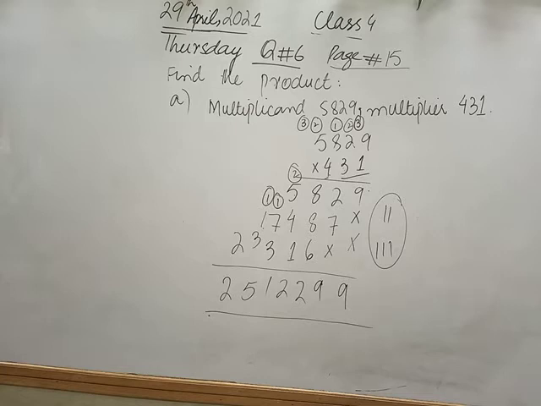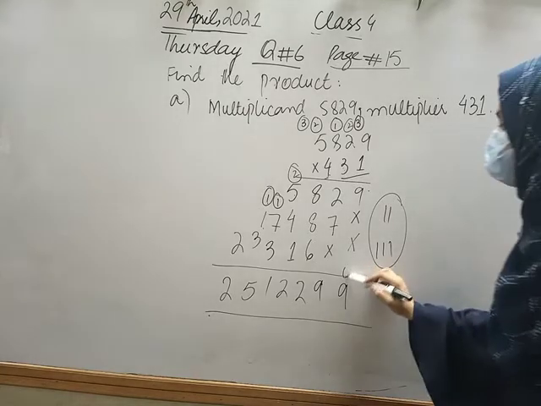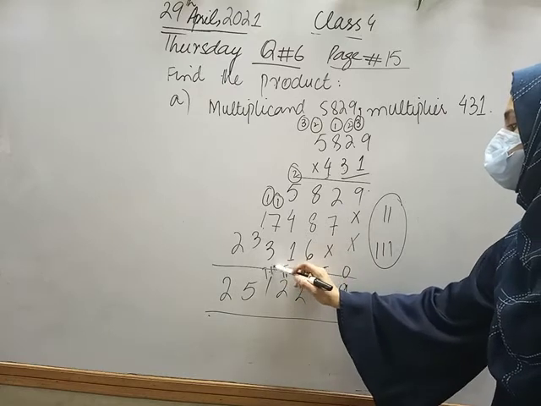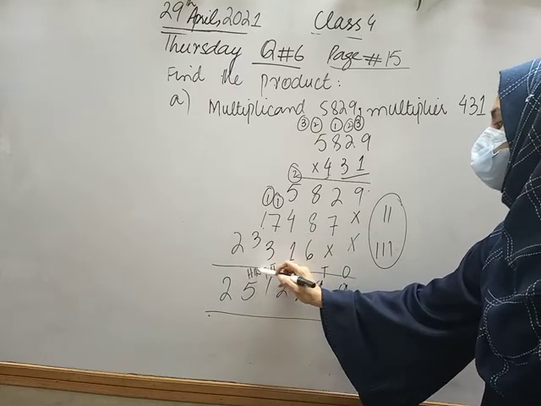Okay, so this is at ones place, tens place, 100, 1000, 10,000, 100,000 and million.